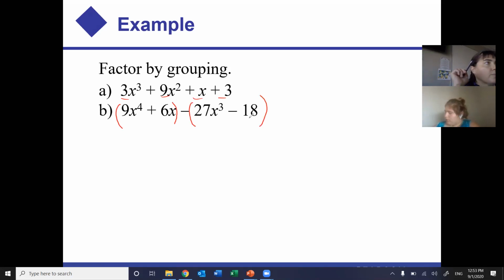What should we factor from the first group? 3x. So what's left? You tell me 3x to the power of 3 plus 2. Good. So now the second one, what should we factor?